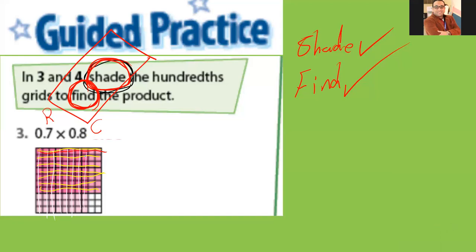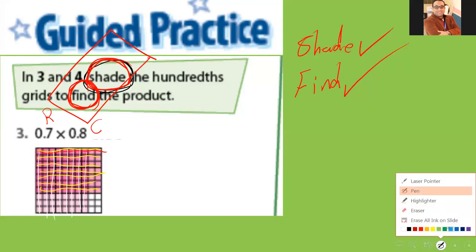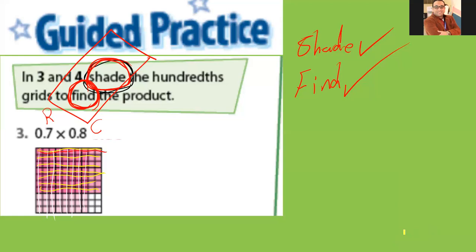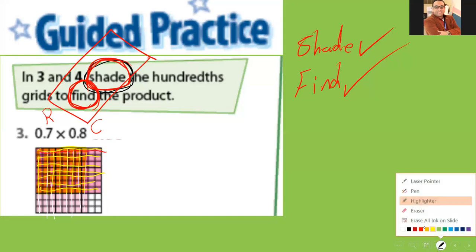The intersection area, or the overlapping area, is found between the 2 colors. This area, if you notice the screen now, it's clear for all students, represents the product.